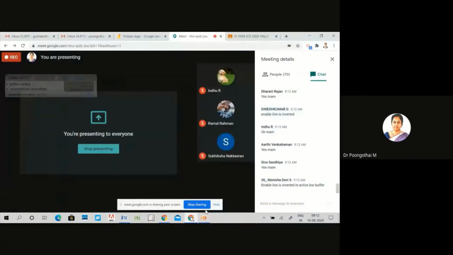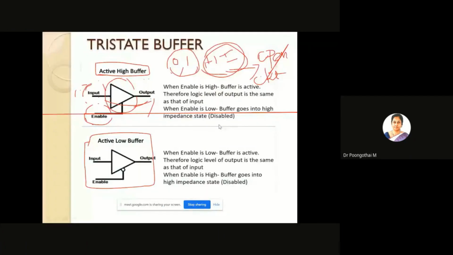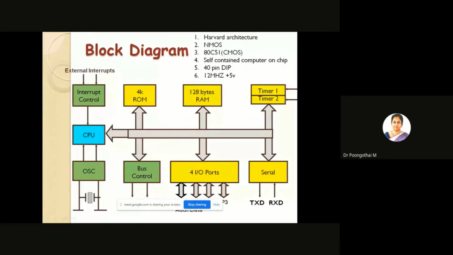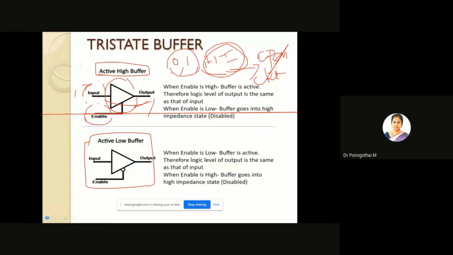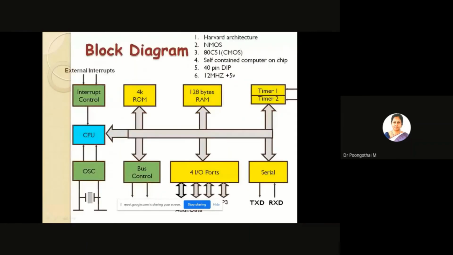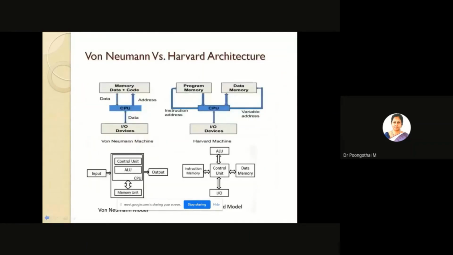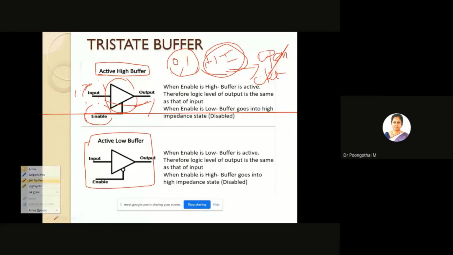If the enable line is 1, this signal is activated. If the enable line is 0, the particular enable pin is activated, and 1 means deactivated. Do you understand now?